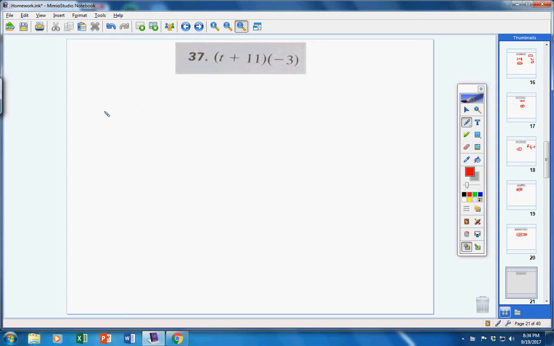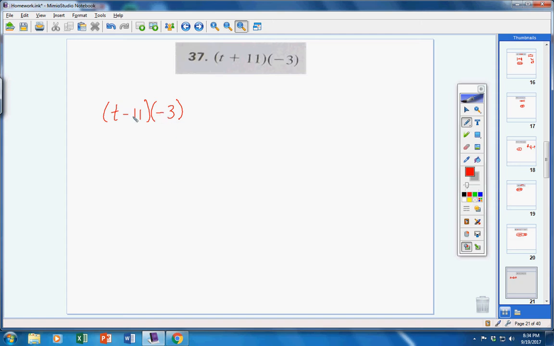Now, please understand, students, if the problem looked like this, then you would not be multiplying the negative 3 through the parentheses. But because the negative 3 is in parentheses, then what you have is a number like this, negative 3 in parentheses.